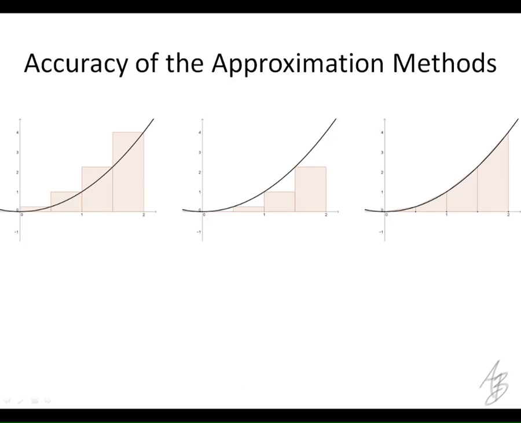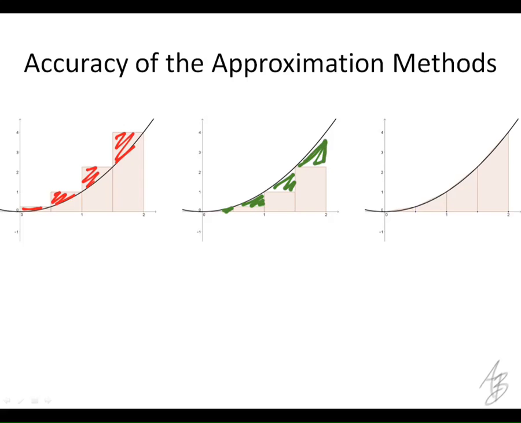If we look at a bigger picture of these, we can see why the trapezoid approximation method can be more accurate. We get extra areas sometimes in the rectangular approximation methods that are rather large. We get gaps sometimes in the rectangular approximation methods that are rather large.